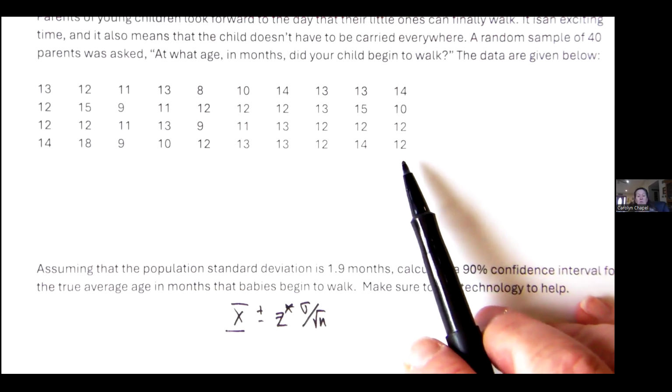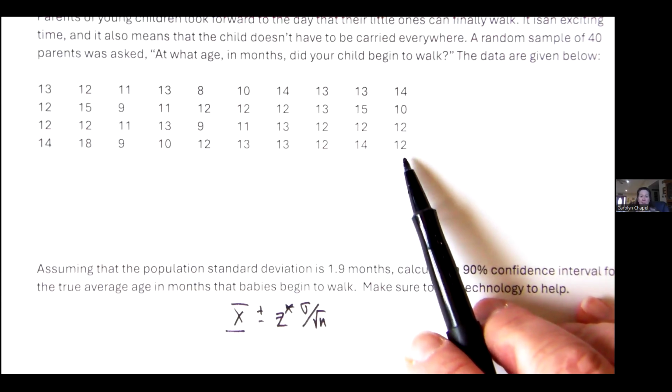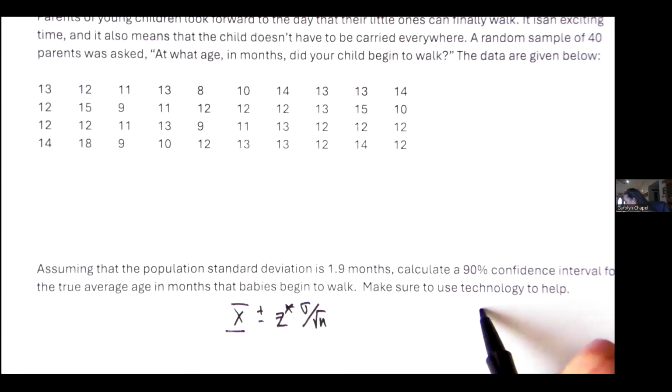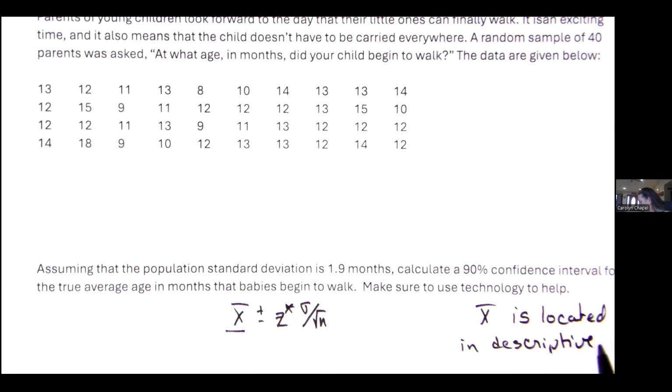If I'm doing this for my class in homework, if there's raw data, you will also have that SALT button picked out in there as well. And once you hit that SALT button, all this data goes right into the program. And you can find X bar. It will be located in the descriptive statistics button.